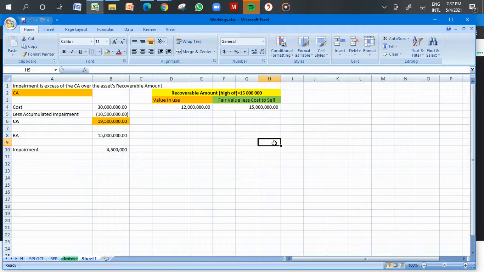We accounted for it in the PPE, not on carrying amount. I think that's where we made an error. Oh, okay. So the 1.5 is in the PPE. Of course, it should be there.